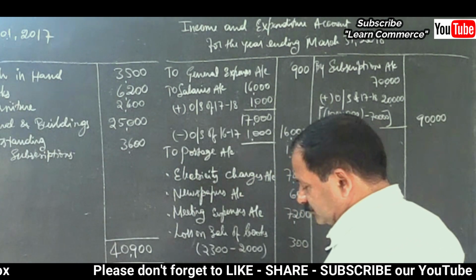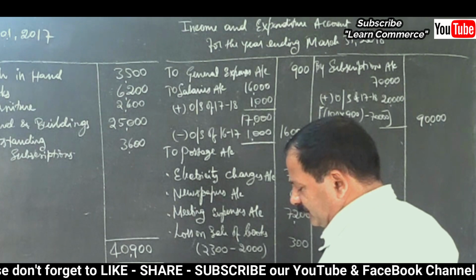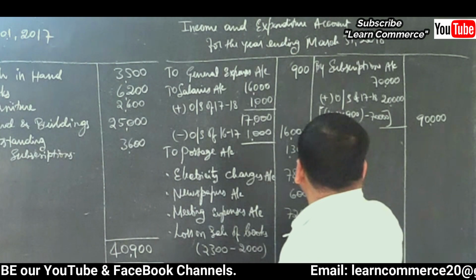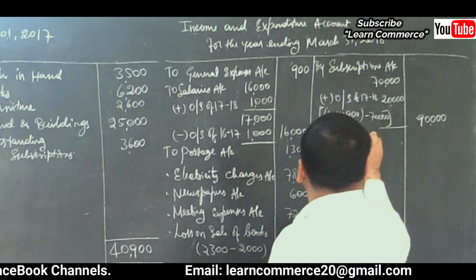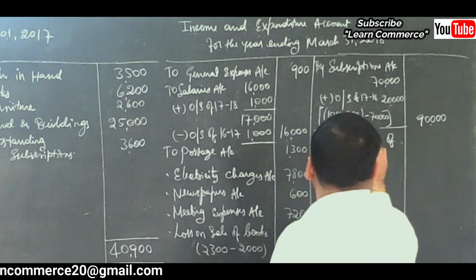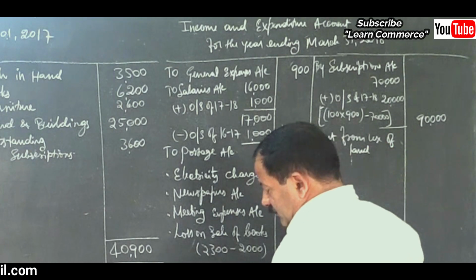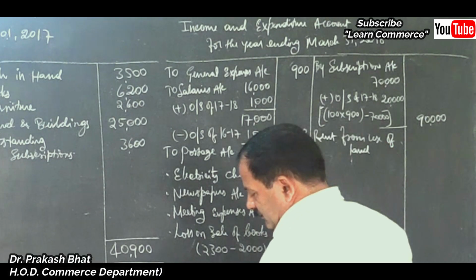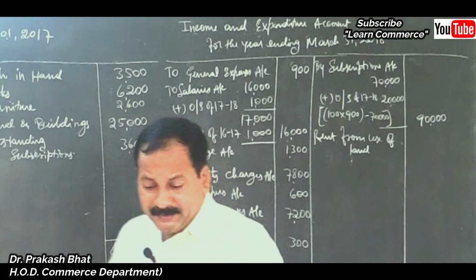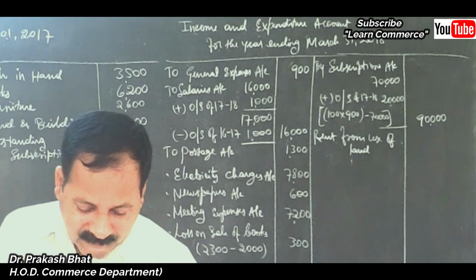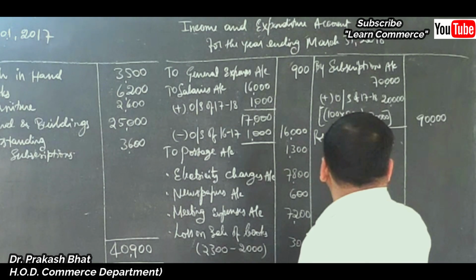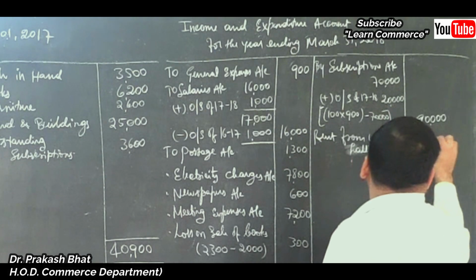Then rent from use of land, how much is it? 17,000. Use of hall it is, not land, I think. Yes, use of hall, 17,000 is an income.